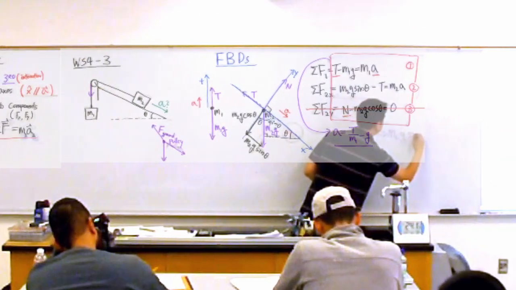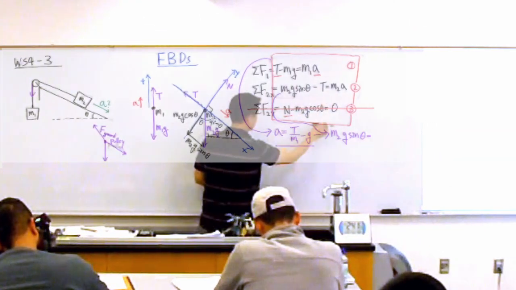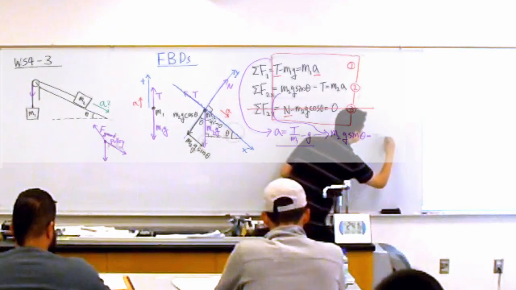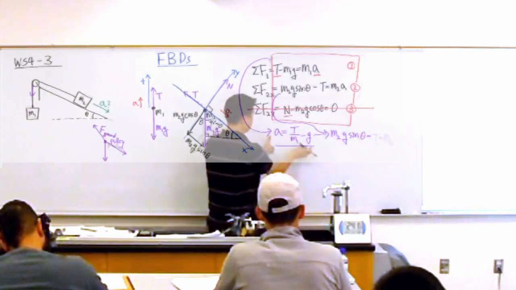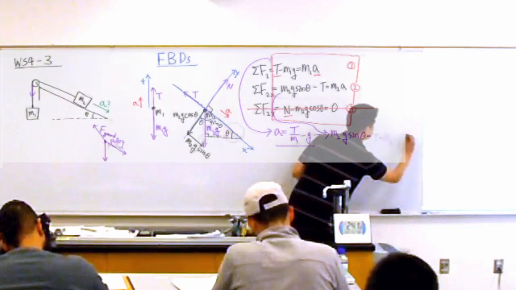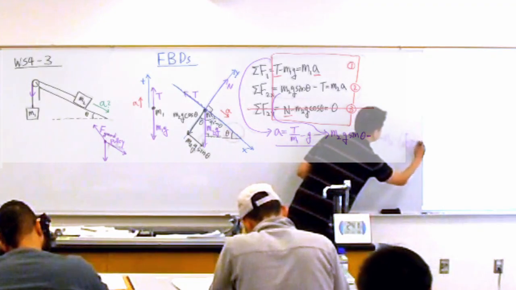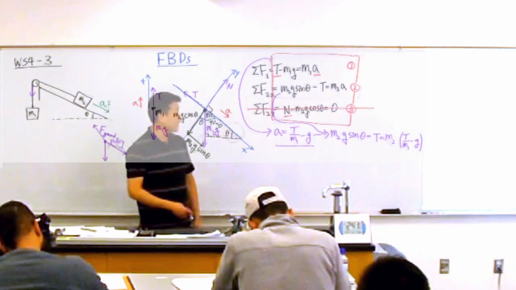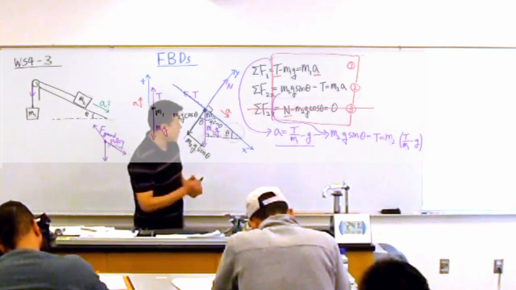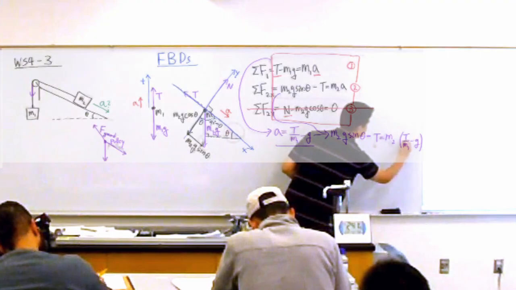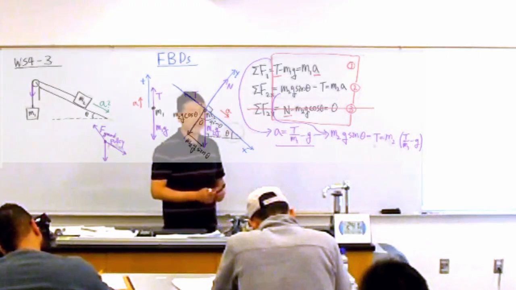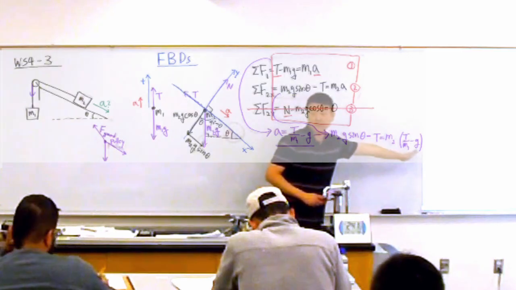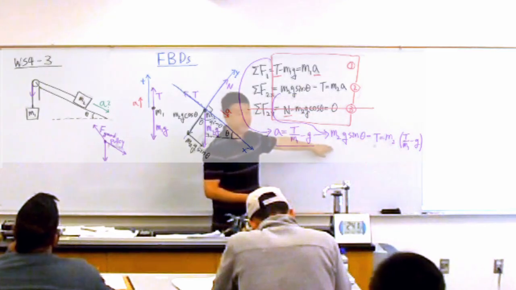Combining these two equations, you get m2g sine theta minus tension is equal to m2 times the acceleration, so that's T over m1 minus g. I'm going to collect like terms together, meaning terms containing T and terms not containing T. I'll collect all the terms containing T on the right-hand side and everything not containing T on the left-hand side.